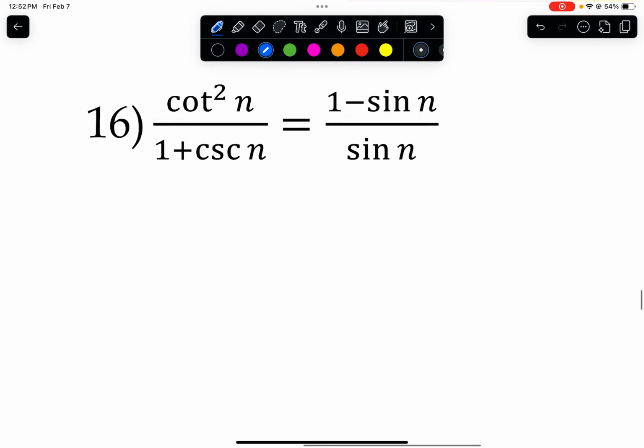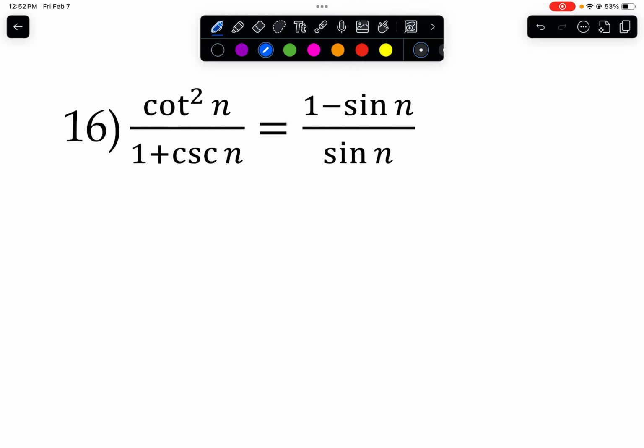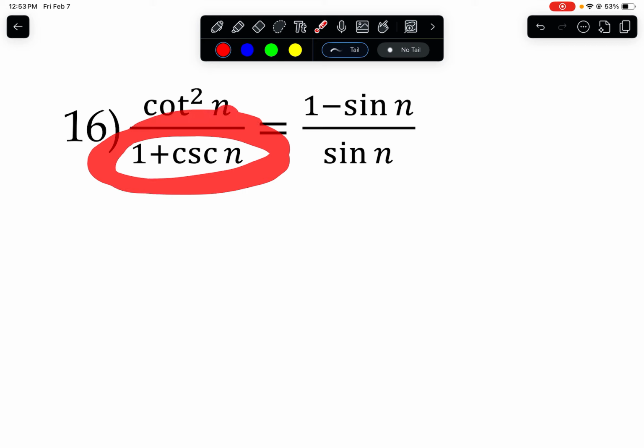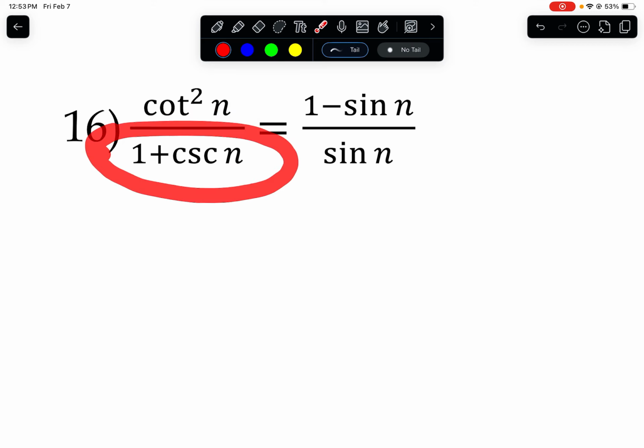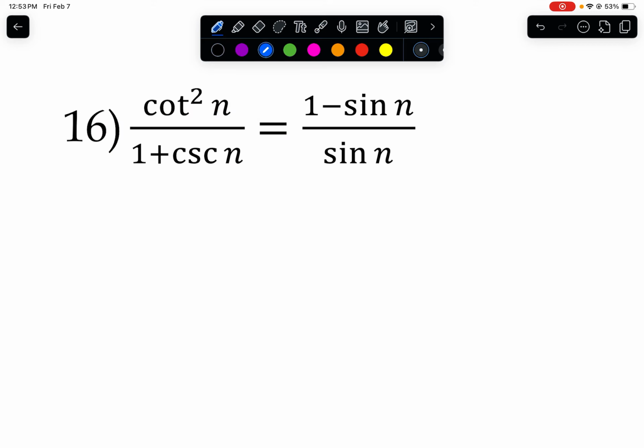We'll do blue. So now we have cotangent squared n over 1 plus cosecant n equals 1 minus sine n over sine n. So with this one, once again, both sides are kind of a dumpster fire, so it doesn't really matter which one you do. I'm going to personally do the left side, just because I see more than one term in the denominator, and that means I can multiply by the conjugate, which is another kind of funky form of 1.